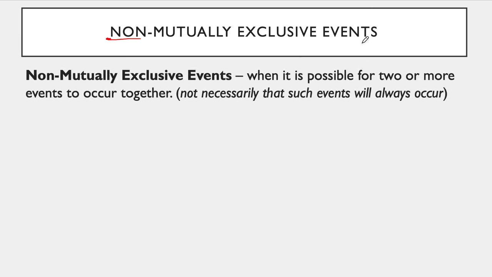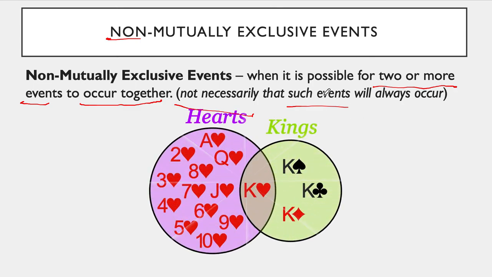So non-mutually exclusive events are the opposite of what we have just talked about. It is possible for 2 or more events to occur together. But take note, it's not necessarily that such events will always occur. There is just a possibility that they may occur together. So for instance, say I want to draw a single card from a deck of cards. Event A will be drawing a heart. Event B will be drawing a king.